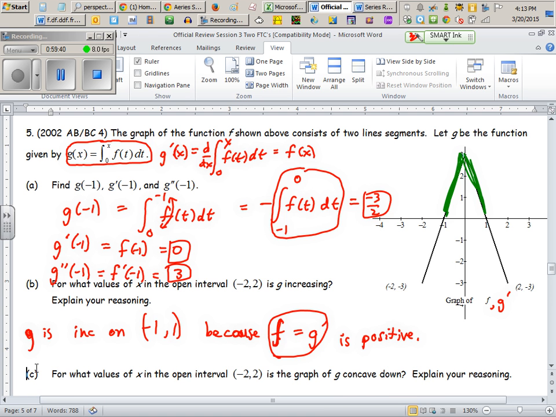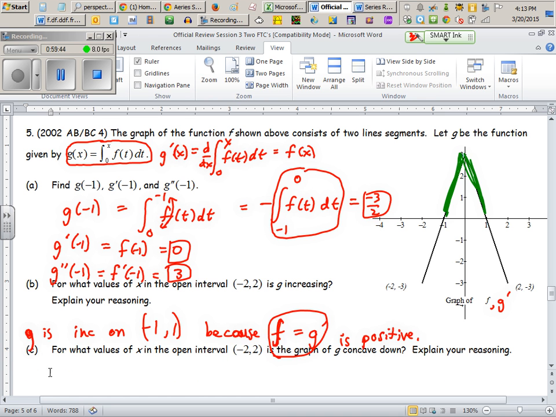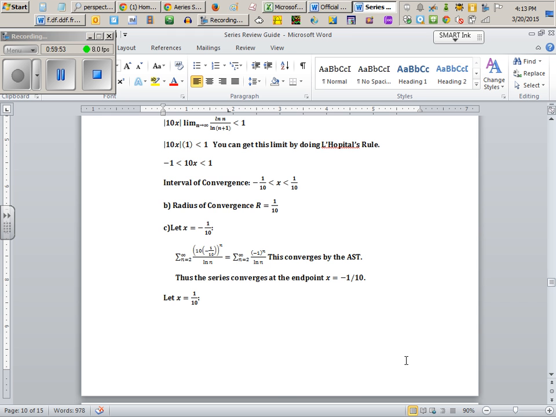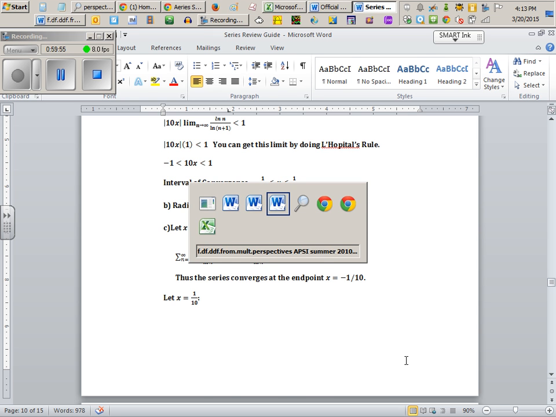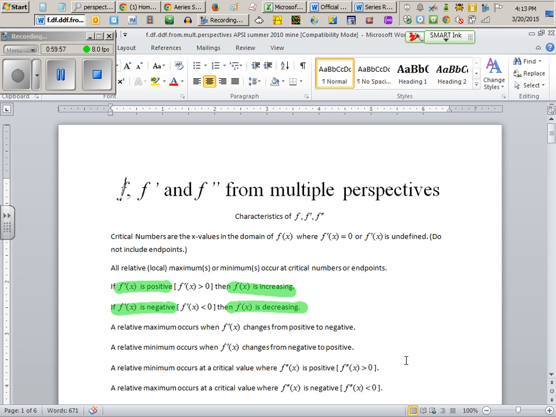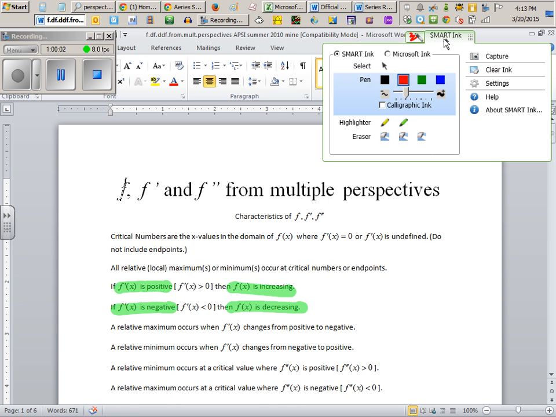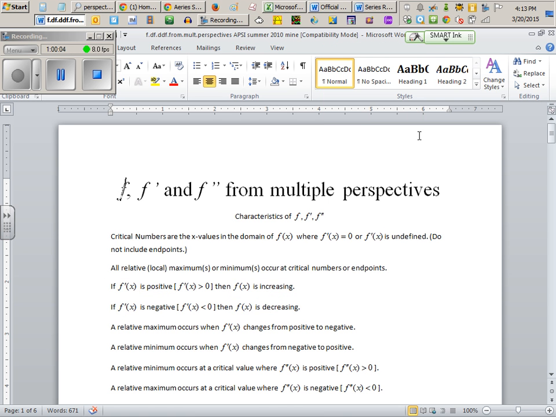Alrighty. For what values of x in the open interval is the graph of g concave down? There's a synonymous phrase for g concave down too. Let's search our sentence document for that.